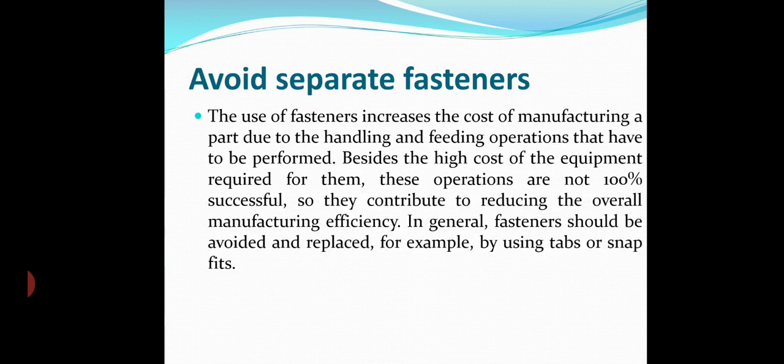Avoid separate fasteners. A fastener is a hardware device that mechanically joins two or more objects. The use of fasteners increases the cost of manufacturing a part due to the handling and feeding operations that have to be performed. Besides the high cost of the equipment required for them, these operations are not 100% successful, so they contribute to reducing the overall manufacturing efficiency.